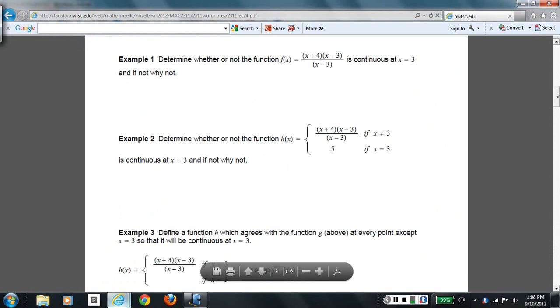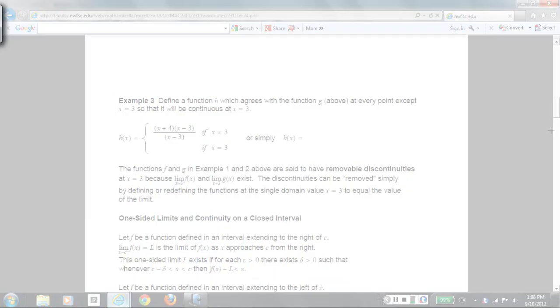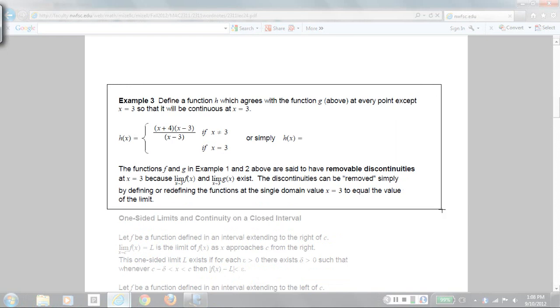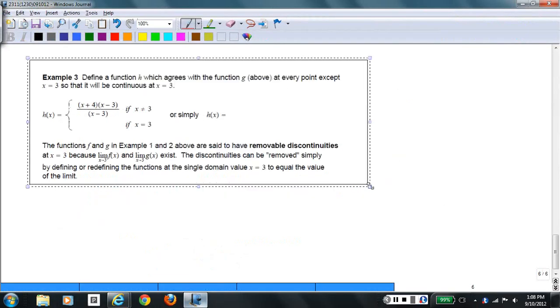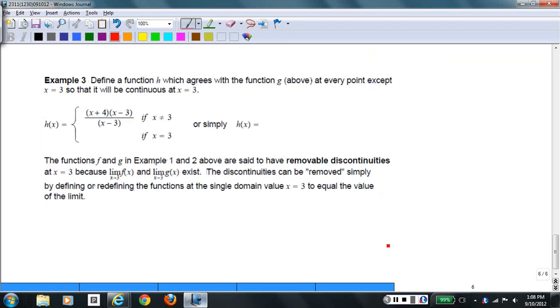We look at example 3. Example 3, it was not good to define the function to equal 5 at 3 because the limit was equal to 7 as x approaches 3. So it would be better if we define f of 3 to equal 7.